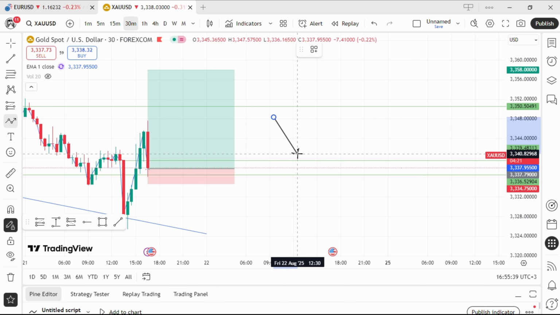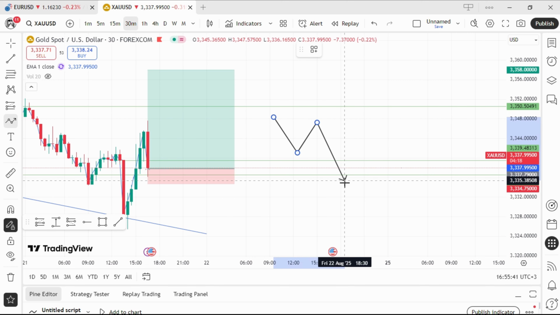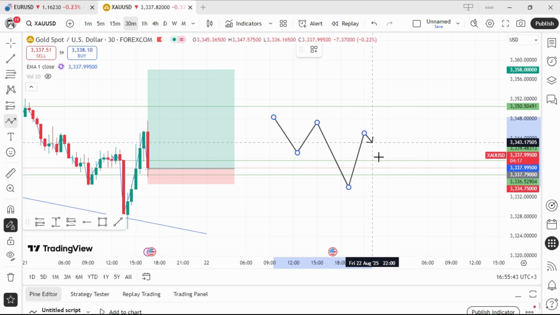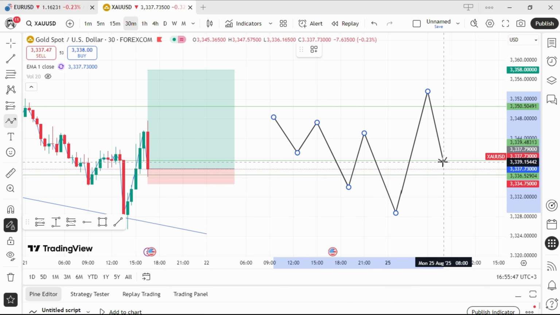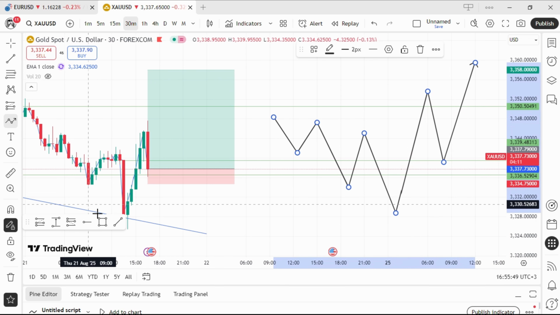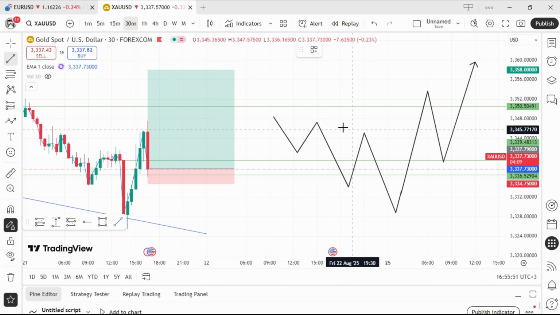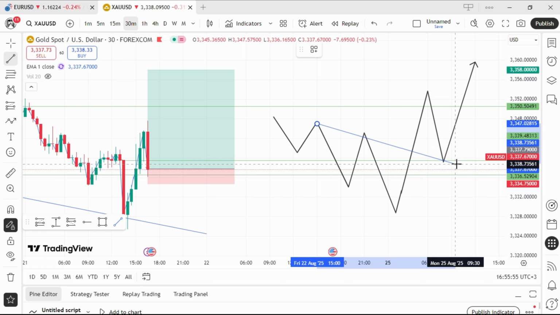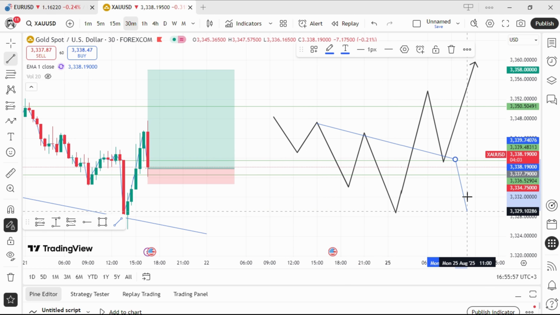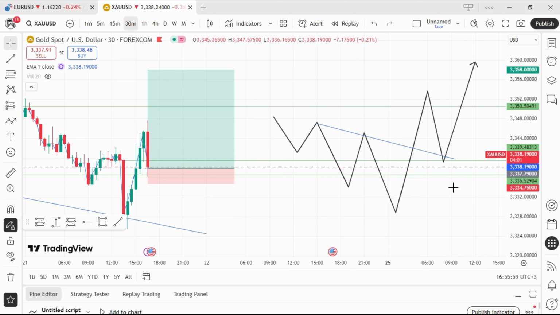Okay, for the last time, let's say the trend line is broken there, something like that. So here is the pattern for you learners there. Okay, you have a trend line that is broken and then wait for the retest.